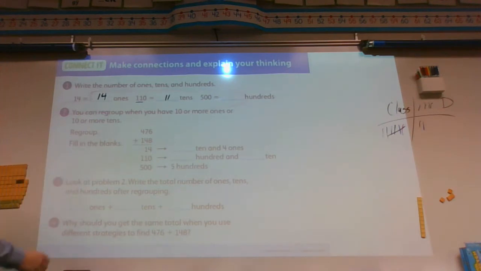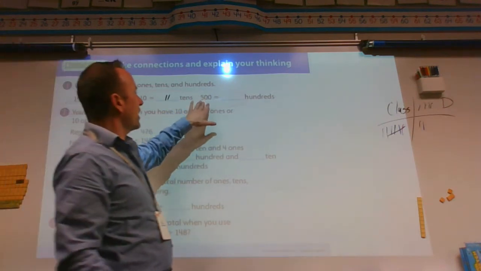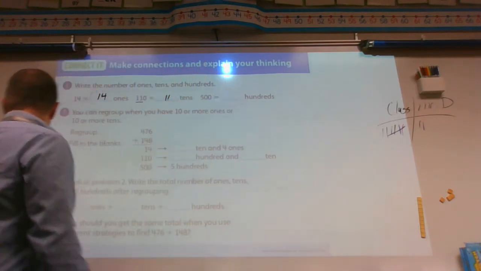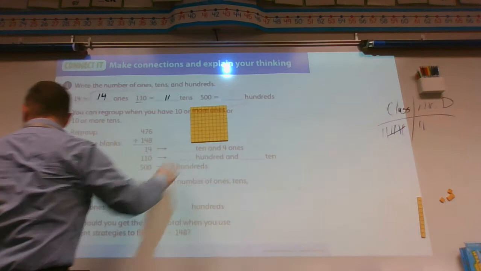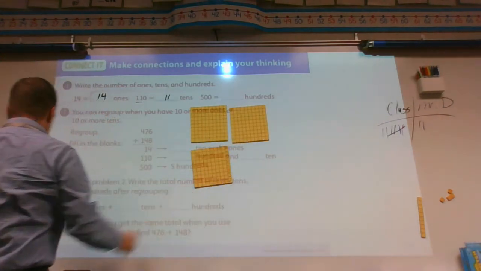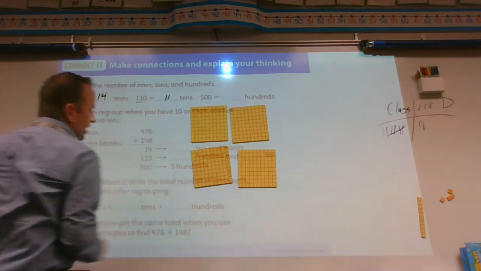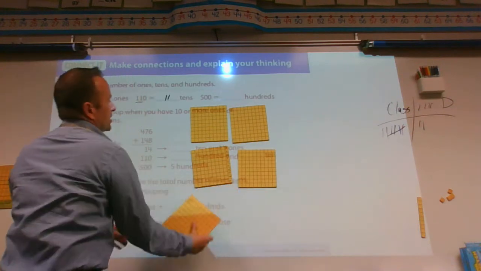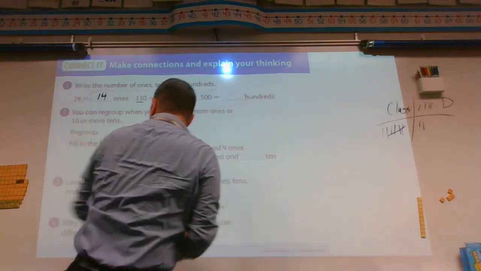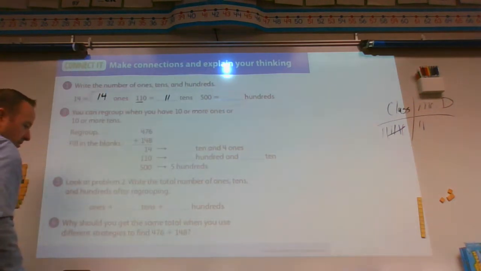Now let's look. We have 500 equals how many hundreds? Well, it's 5, right? We have 100, 200, 300, 400, 500. So we have 500 blocks, or we have 5 hundreds.